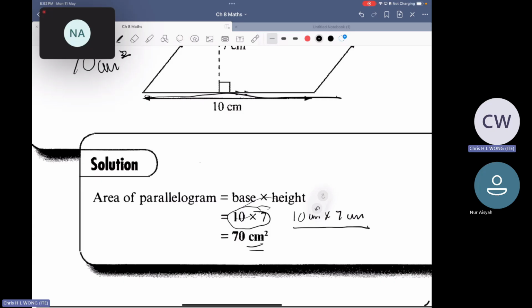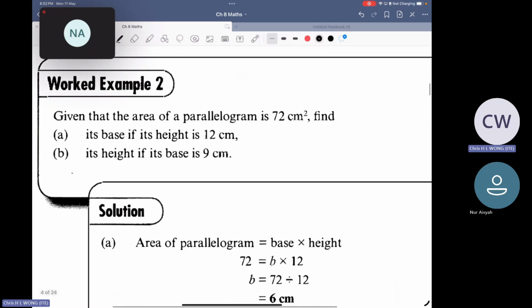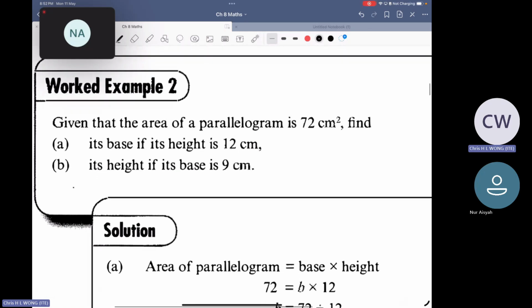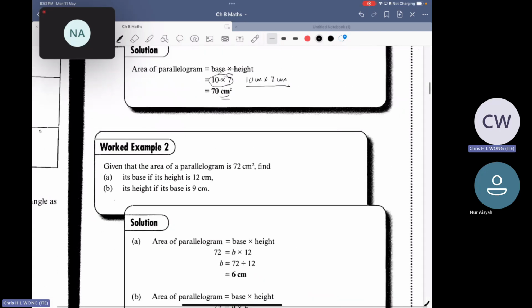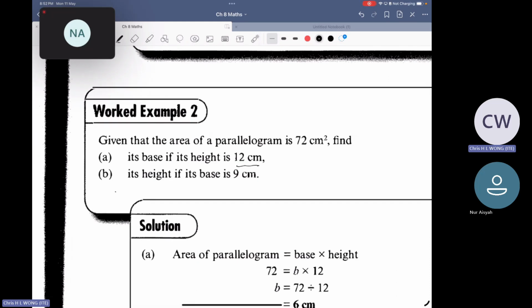Okay. Now I give you a different thing. Now instead of asking you to find the area of a parallelogram, I give you the area of the parallelogram. You're supposed to find the base if the height is 12 cm. You're going to find the height if the base is 9 cm.